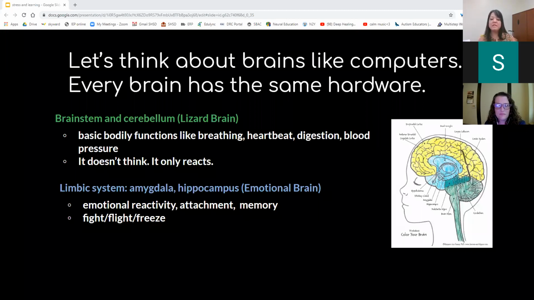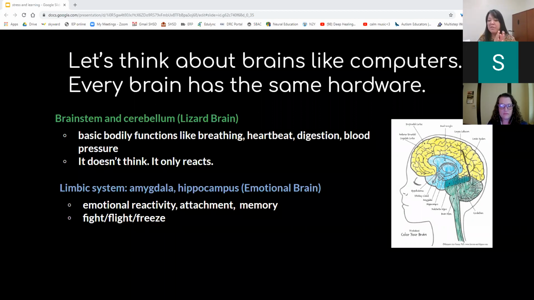When it receives sensory stimuli, it determines: is this information that I need to send to the prefrontal cortex so the brain can think about it and do some rational problem solving? Or is this input that I need to send to the fight, flight, or freeze response? Am I in danger? If so, I need to be ready to fight, flight, or freeze. The amygdala is the determining structure there.